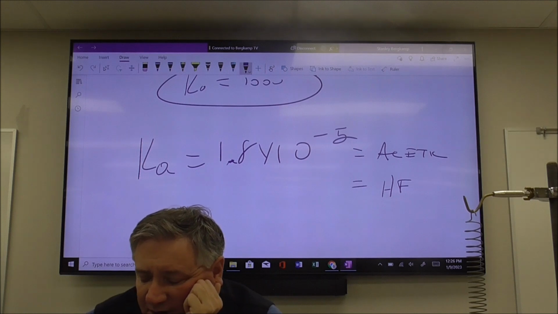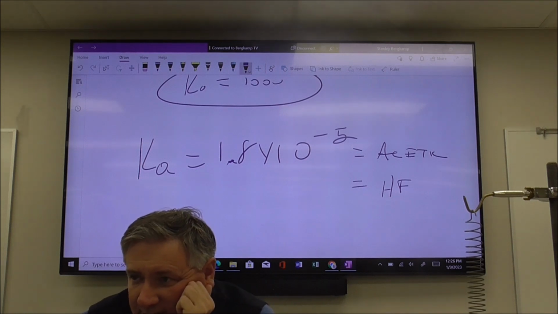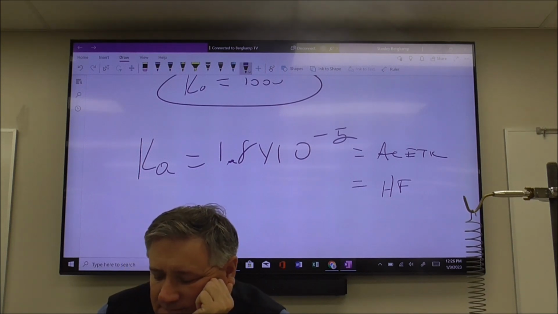The Ka value of hydrofluoric acid is 6.8 times 10 to the negative 4th.